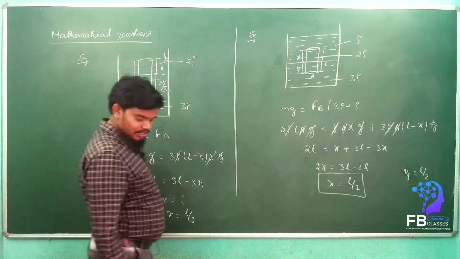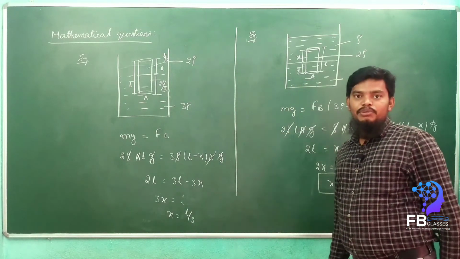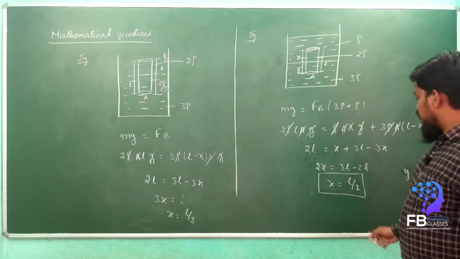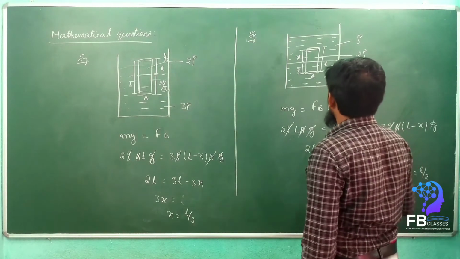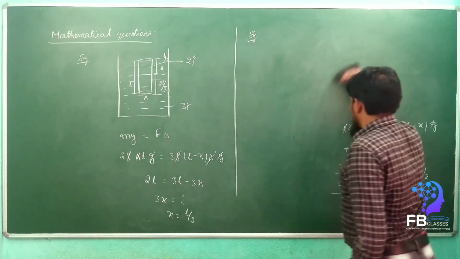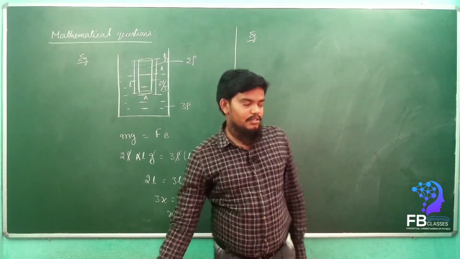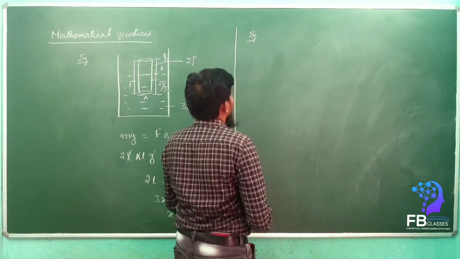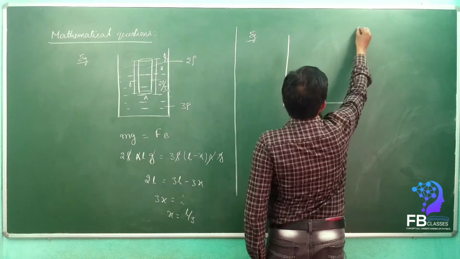So copy this, then we can go for the example problem which was asked in JEE Mains. Can you please copy this? Shall I rub this? The question asked in JEE Mains has the same concept but in a different method.